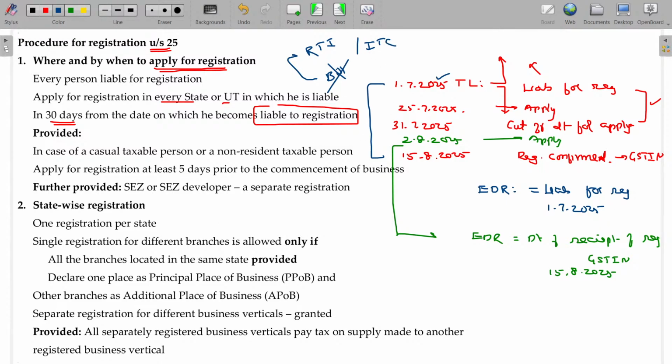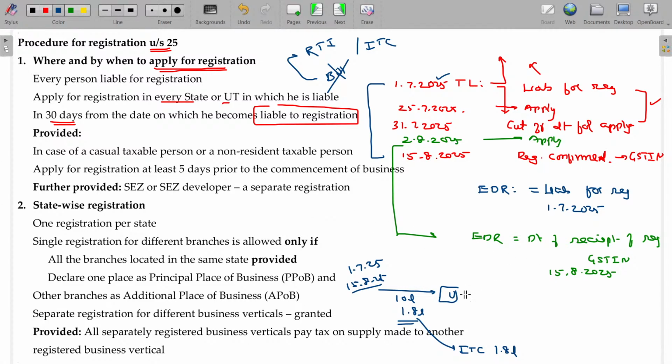Clear? See, if you are doing everything promptly, the purchases between 1/7/25 to 15th August 25 being 10 lakhs, for that GST 1.8 lakhs is paid. You can get this GST as your ITC. Is that clear?